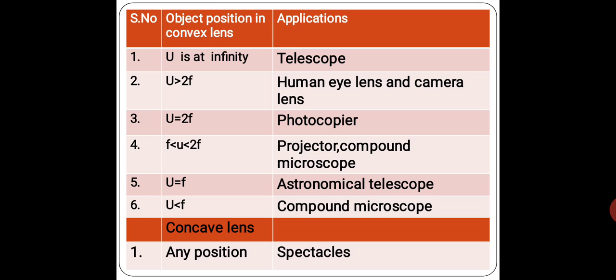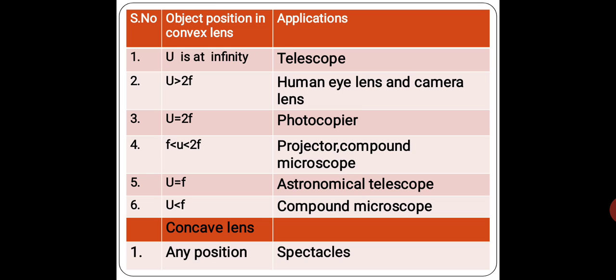And when the object lies between f and 2f, the lens is used in projectors and compound microscopes. And when the object is at principal focus, then the lens is used as an astronomical telescope. And when the object is brought very close to the lens, it is used as a compound microscope.